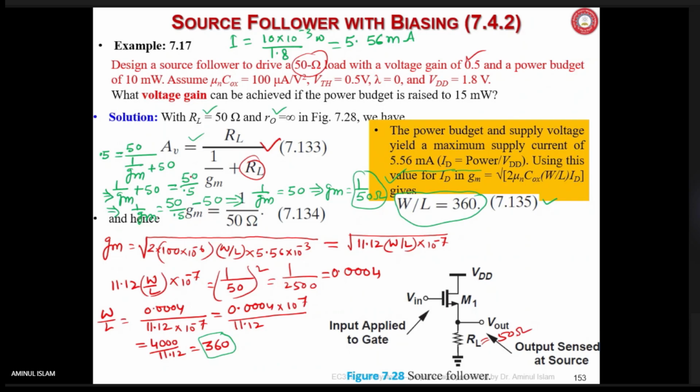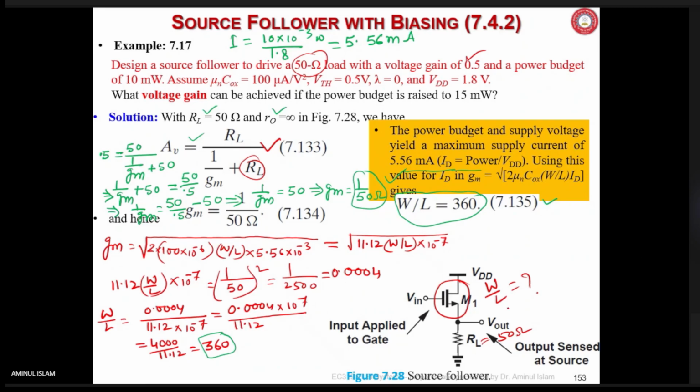Okay, so putting in this, we can find out the gain, and finally our aim is to design, which means W by L, the aspect ratio, we have to find out. Design a source follower means we have to find out the W by L of this MOSFET.